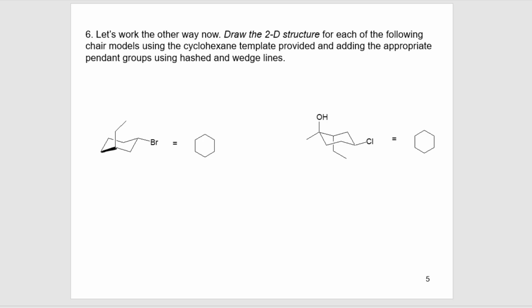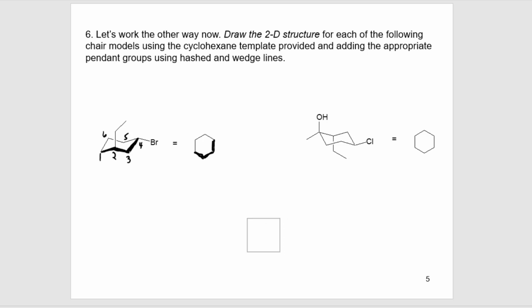I'm going to highlight my front edge again because it's coming out at me. I'm going to number 1, 2, 3, 4, 5, 6. I'm going to highlight the bottom edge of my cyclohexane.